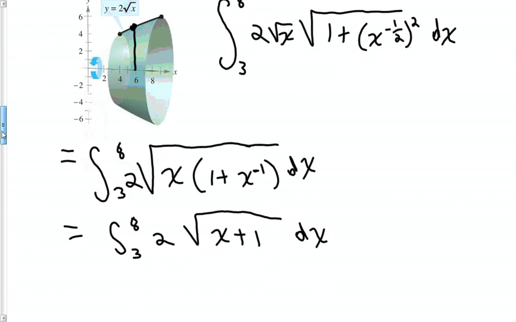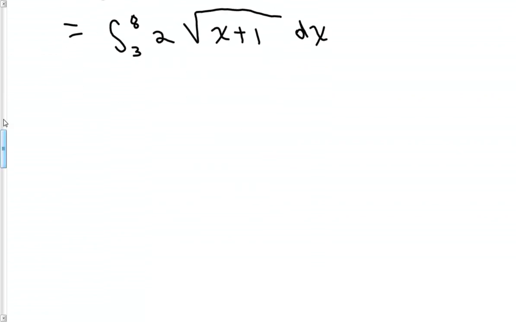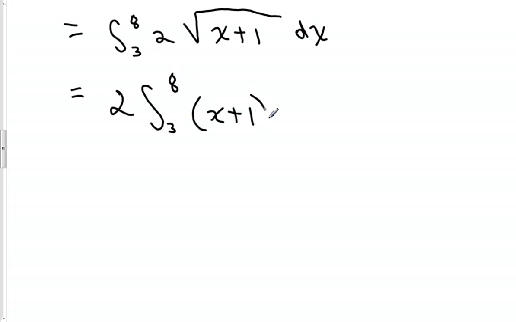I think we have enough now that we can actually calculate this integral. You can do this by u substitution, but this is really 2 times the integral from 3 to 8 of x plus 1 to the 1/2 power. And if you want to do that integral, you can let u equal x plus 1 and then do all that.